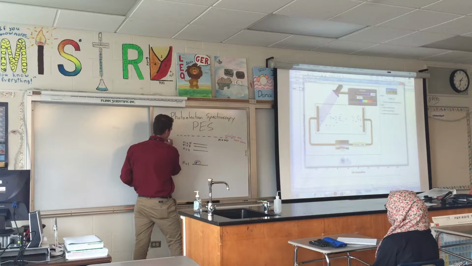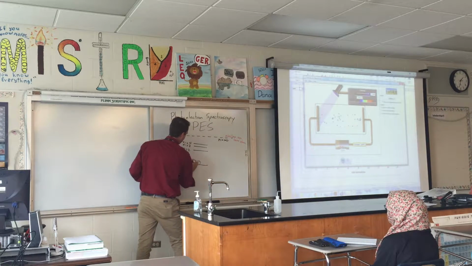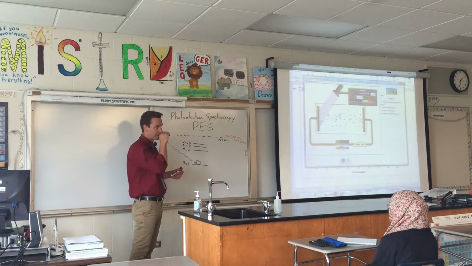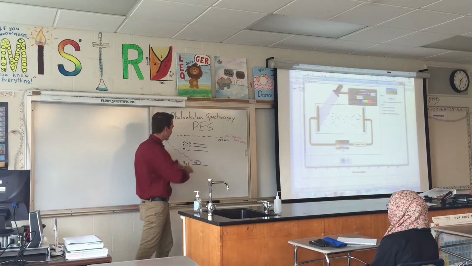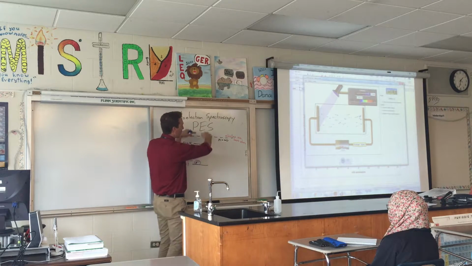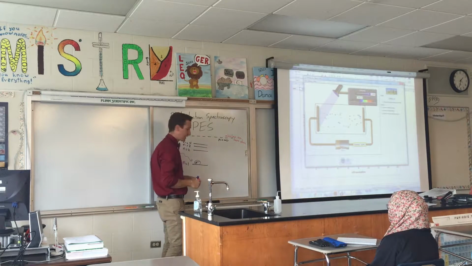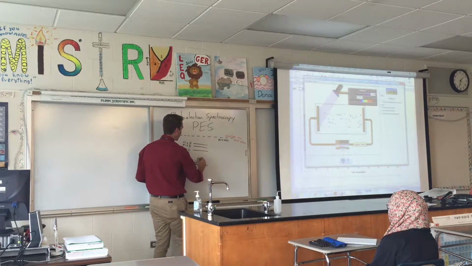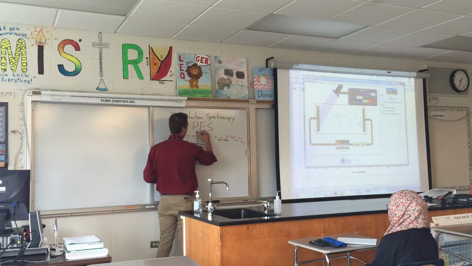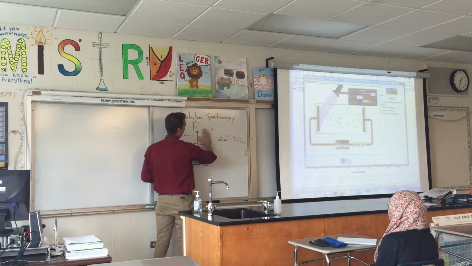We have to shine light onto this electron, and if that electron absorbs that light, we want to get it all the way up to at least n equals infinity. But usually, when we do that, we go up past n equals infinity.